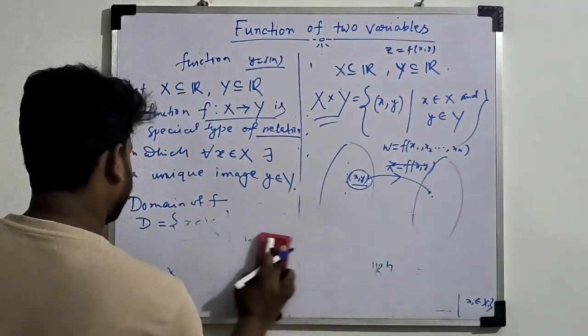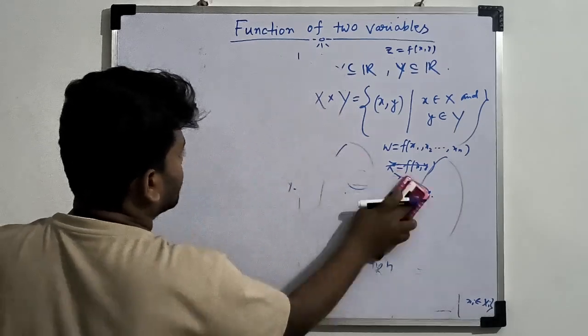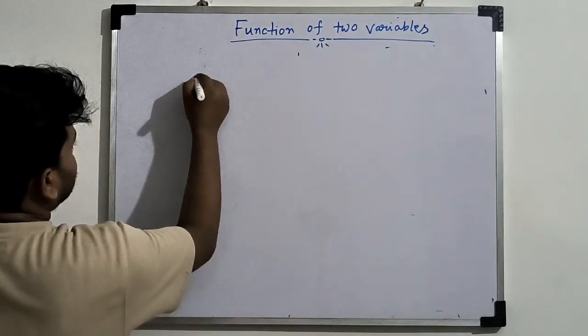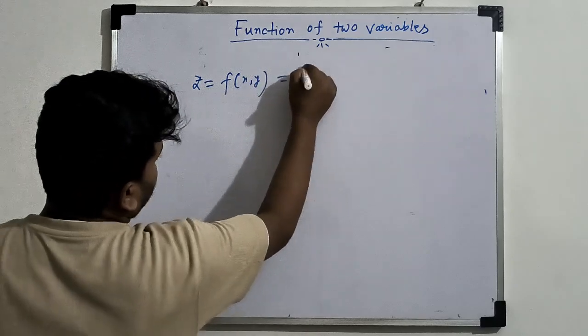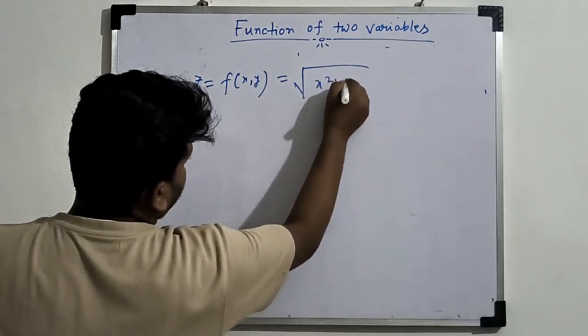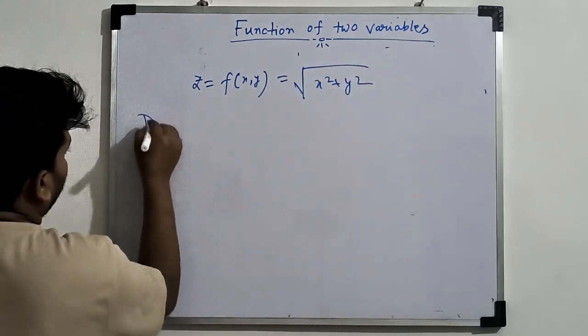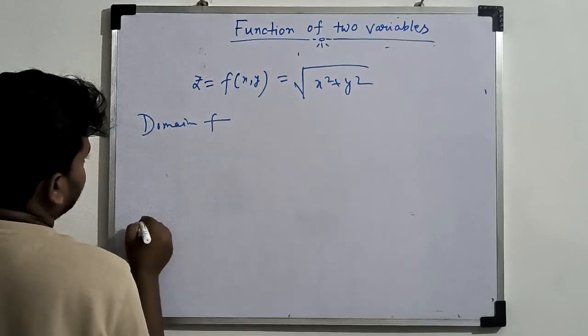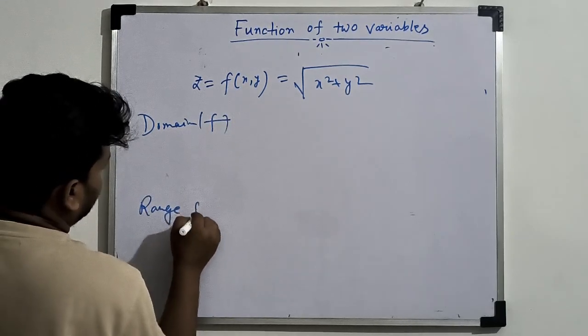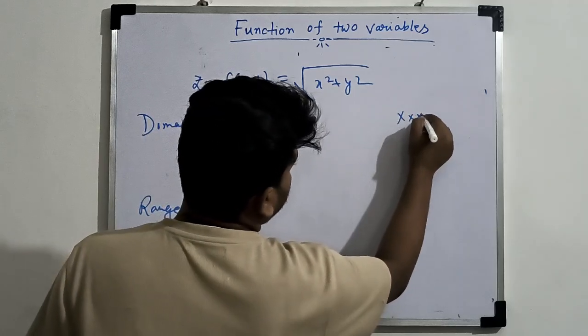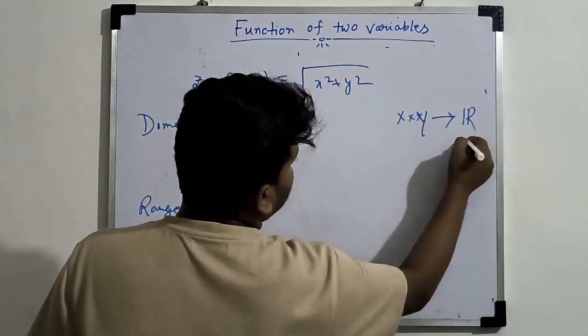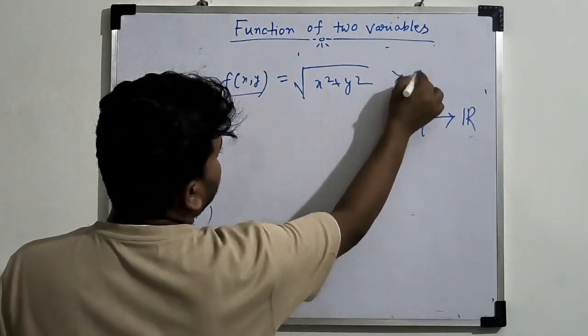Now we discuss the domain of a function of two variables. Suppose we choose z equal to f(x,y) equal to root over x square plus y square. We want to find the domain of this function f and the range of this function f. So this is a function from X cross Y to R or a subset of R. So this must be greater than or equal to 0.